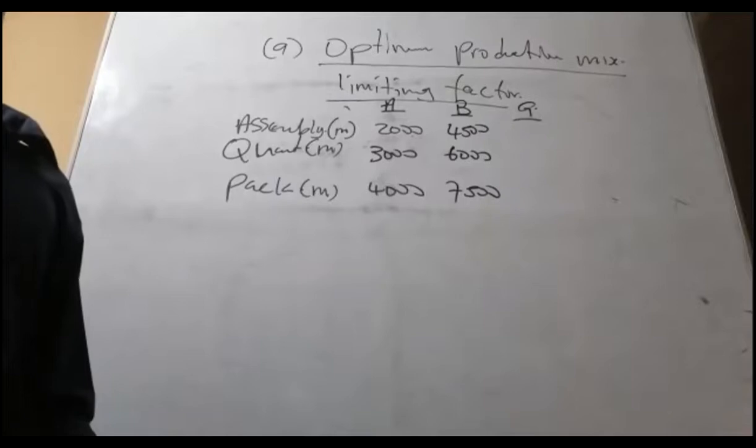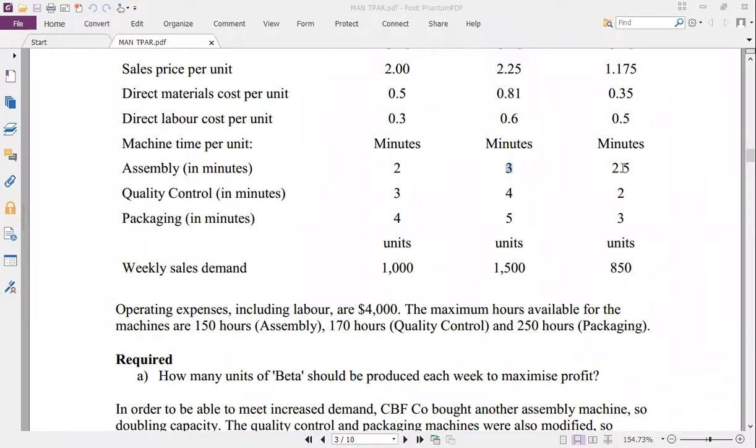Then the next section will be 2.5 for that of gamma.